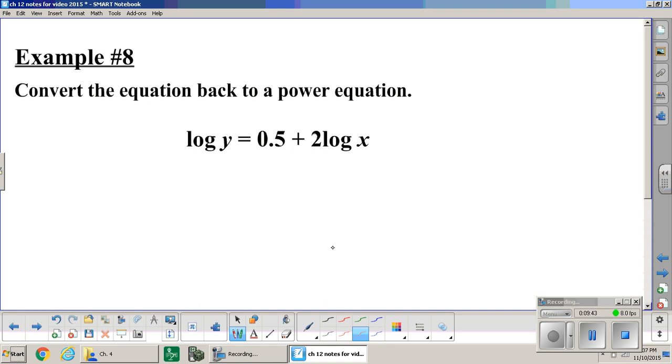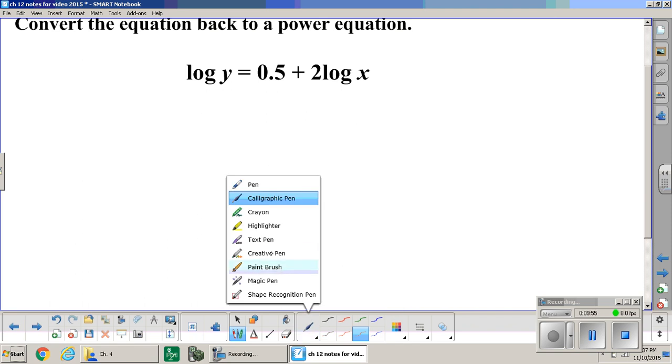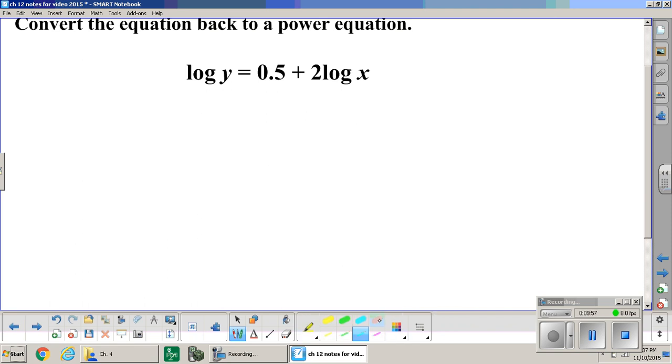Alrighty, work this one, convert this one backwards. This is, once again, showing that we've got a power function. How can you tell by looking at this that this is instantly a power function, if I hadn't told you? Discuss with your partners. Pause this while we're waiting. Okay, great. You guys said it so quickly.